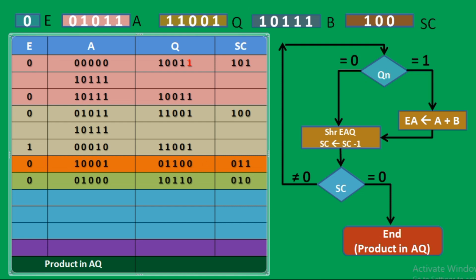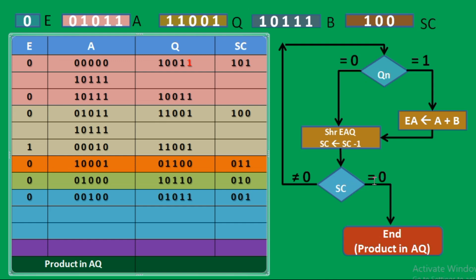Once again it is not equal to 0, so check QN. Here the QN value is again 0, so once again the shift operation. The last 0 is discarded and the counter value is 1.